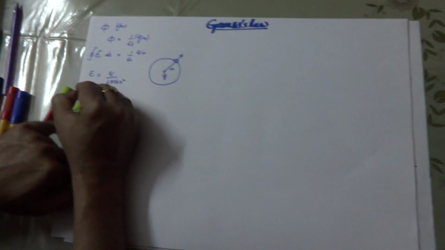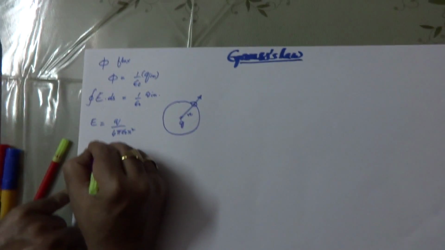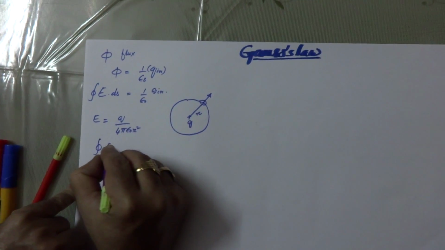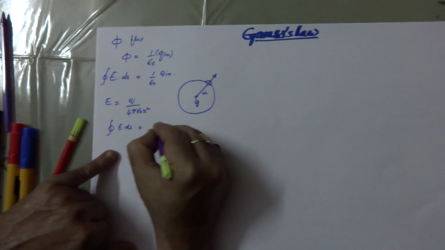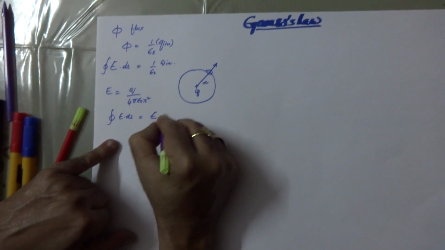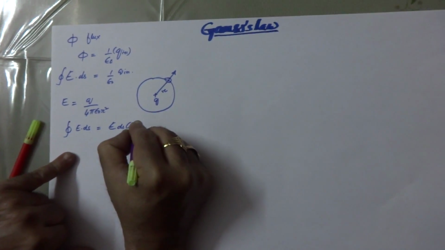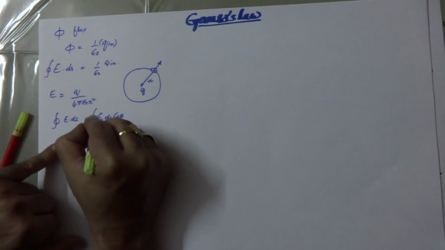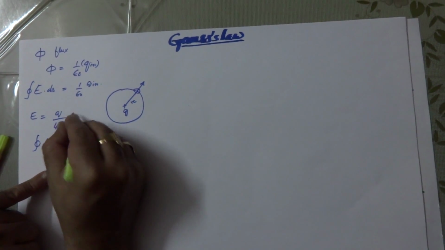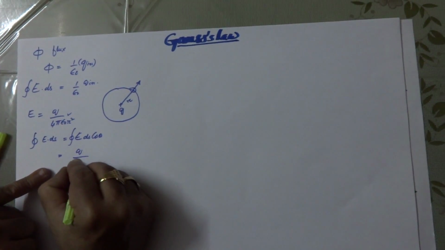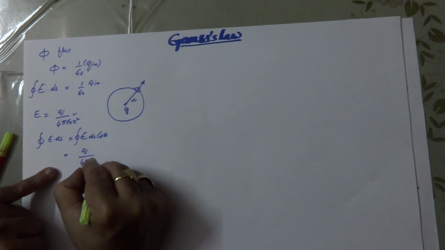Now if you take integral over E dot ds, that can be written as E ds cos theta. Now E is nothing but q by 4 pi epsilon naught r square. So let us replace that.